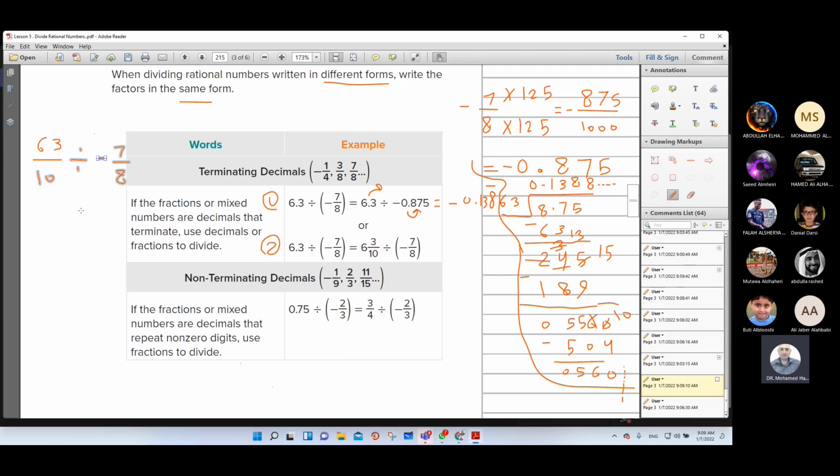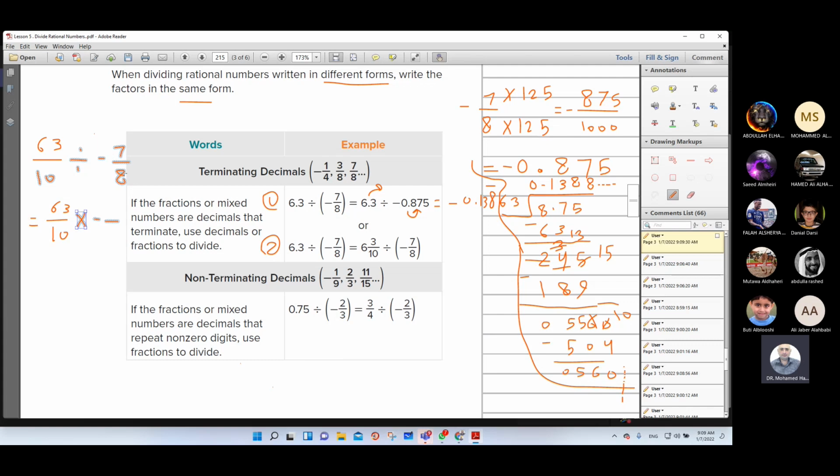You can use the rule, keep the same first fraction, 63 over 10, then change from divide to multiply, then find the reciprocal of the second fraction. 7 over 8 will be 8 over 7.